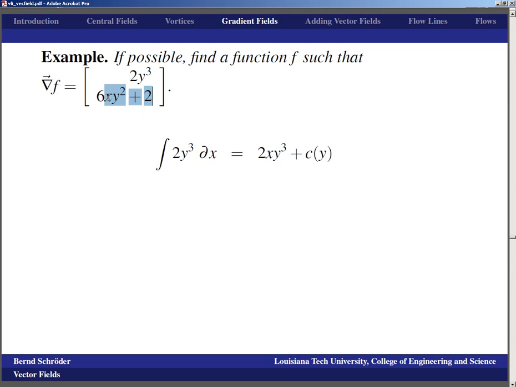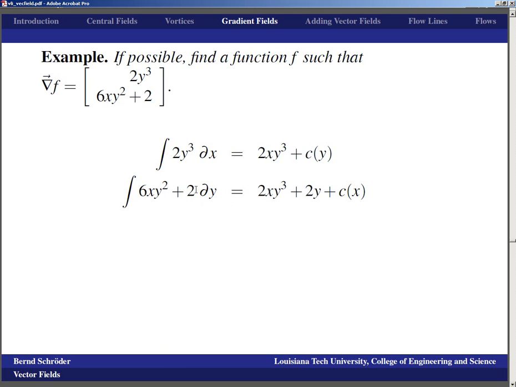Well, if this is the y component of a gradient field, then this would have to be the y partial derivative of f, and so in order to recover something that ought to look like f, we would want to integrate this y component with respect to y. What we get is, the antiderivative of 6y squared is 2y cubed, and the x stays with us, so we get 2xy cubed.